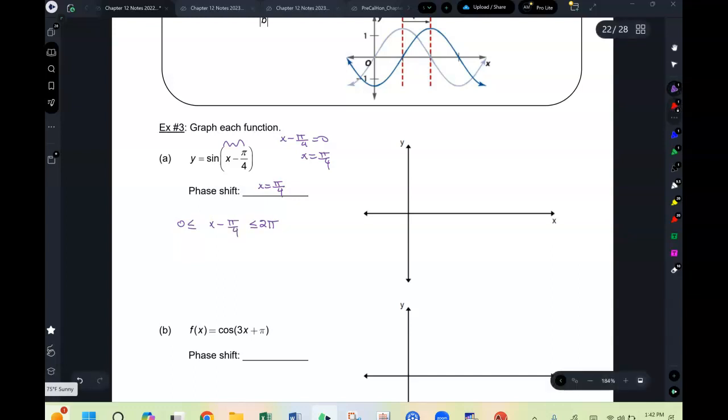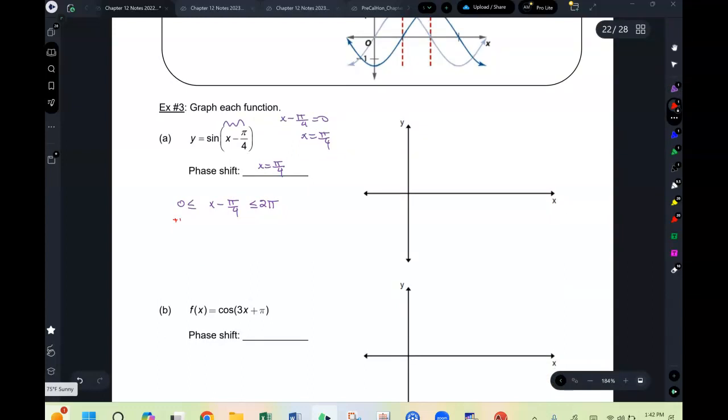All right, so now I add pi over 4. So I have 0, x, and this is going to be how much? 9 pi over 4, correct? I'm sorry, pi over 4. So pi over 4 to 9 pi over 4. Okay, so now I have a new starting and ending position.